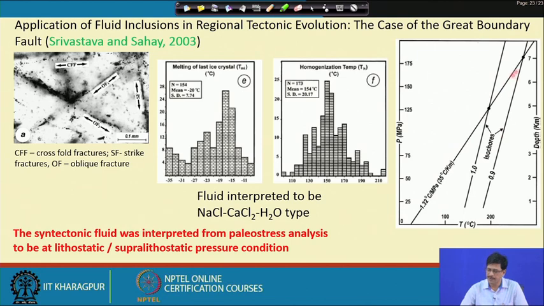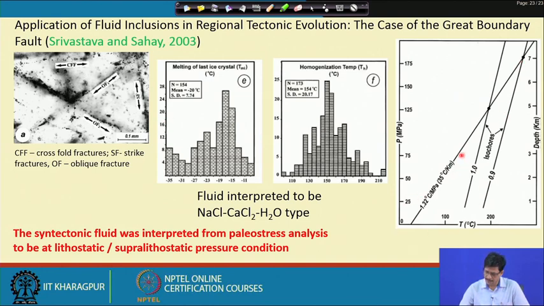So, the best option here is to take the geothermal gradient, draw it here, and see the intersection point of the geothermal gradient with the isochore. That would give us an idea as to what could have been the ranges of the fluid pressure during this second phase of reactivation of this particular regional structure that we are talking about.